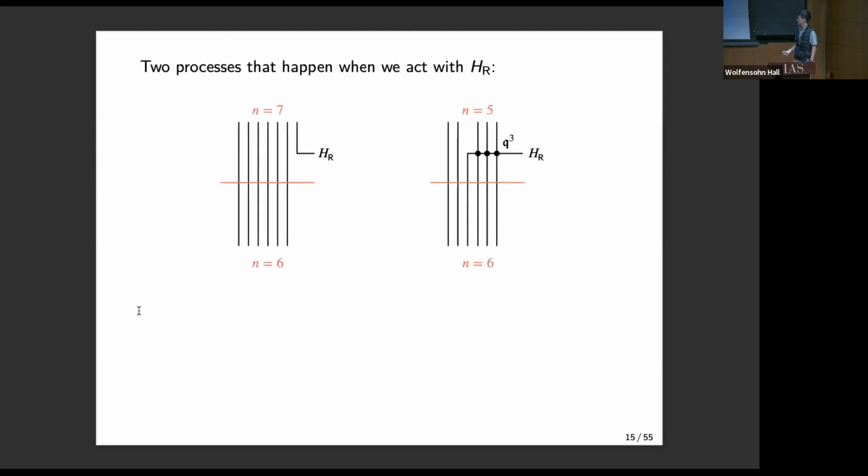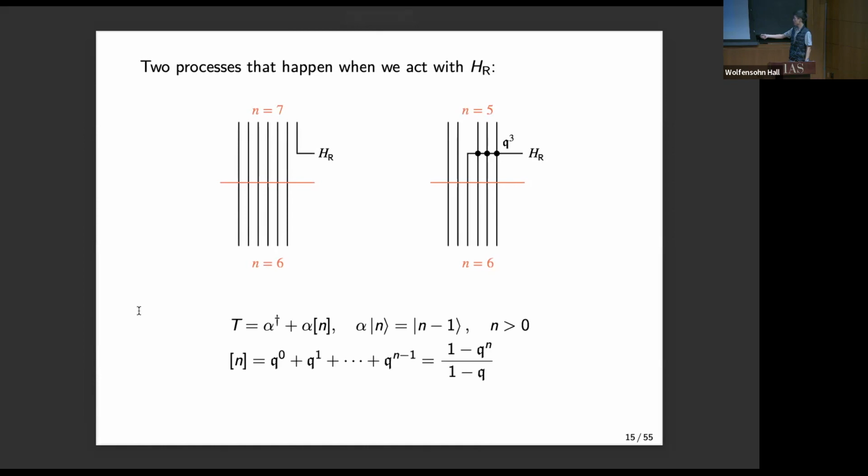And so we just need to consider, for example, the action of the right Hamiltonian. And the right Hamiltonian can do two things. It can either create a chord or annihilate a chord. If it creates a chord, that's accounted for by writing down this alpha dagger. If it annihilates a chord, well, it can either annihilate 3 chords like in the picture above, or it could annihilate 2 chords, or it can annihilate 4 chords, etc. So we need to sum over the number of chords that it passes through while it's being annihilated.